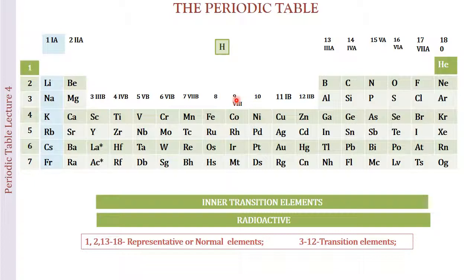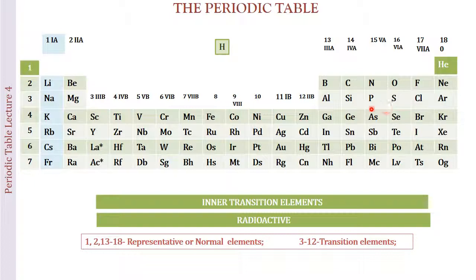Some other things that you have to see over here are that the groups 1, 2 and 13 to 18, the elements of these groups are called the representative or the normal elements, because the filling of electrons in these elements is in accordance with the normal rules of filling. Right, and the groups from the 3rd to the 12th group are called transition elements because there is a regular transition from the metallic to the non-metallic character.